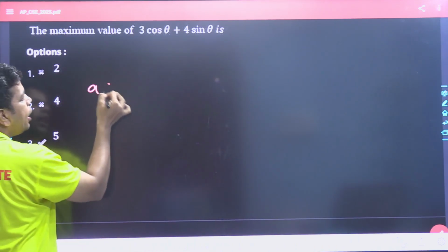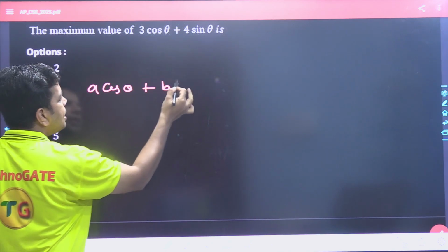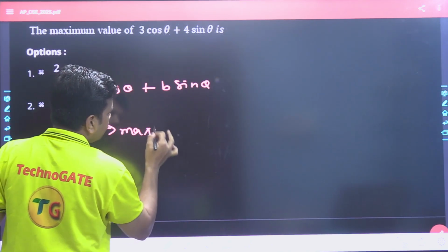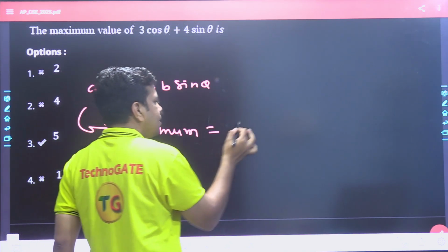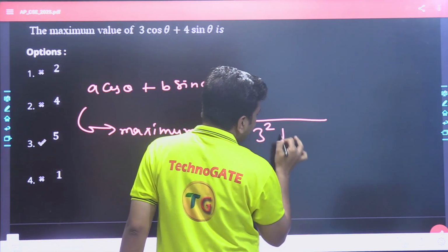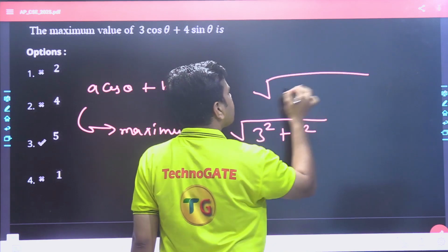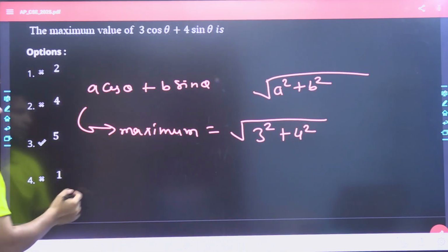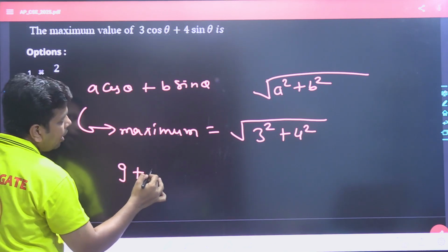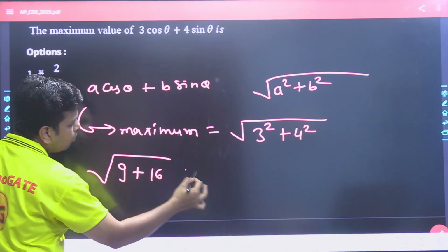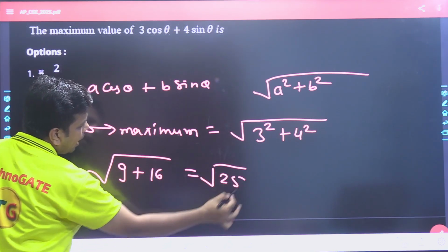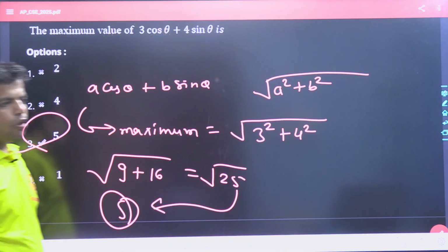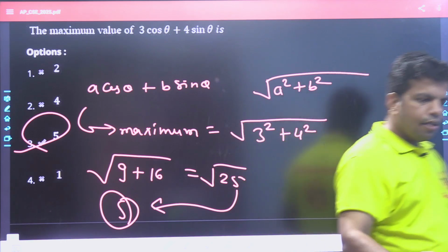We have a cos theta plus b sin theta, and we need to find the maximum value. The maximum value is the square root of a square plus b square. The square of 3 becomes 9, the square of 4 becomes 16, the square root of 25 is 5. So the value is 5.